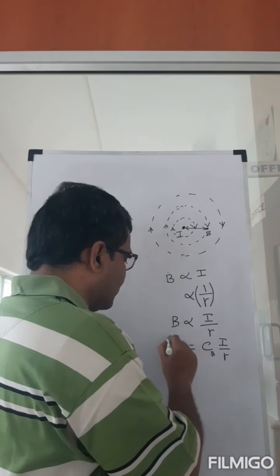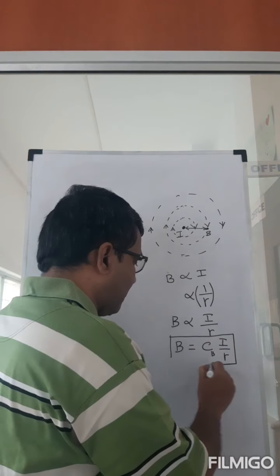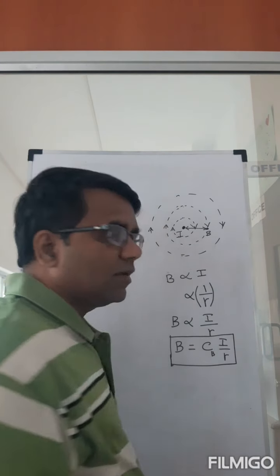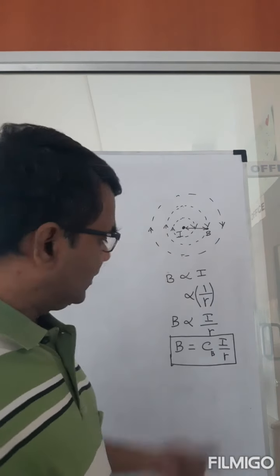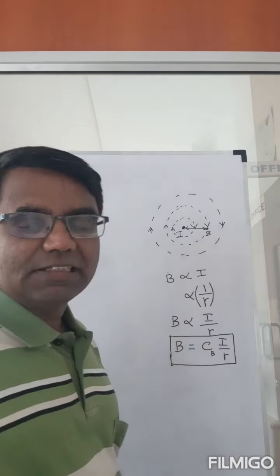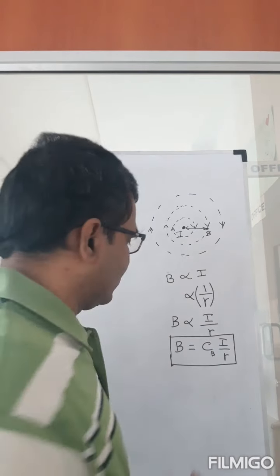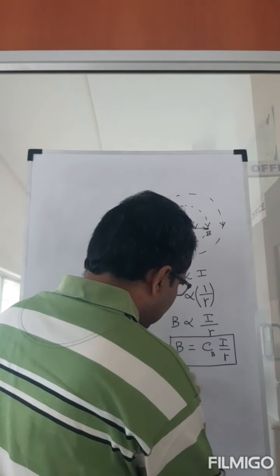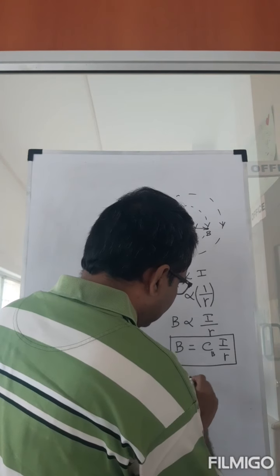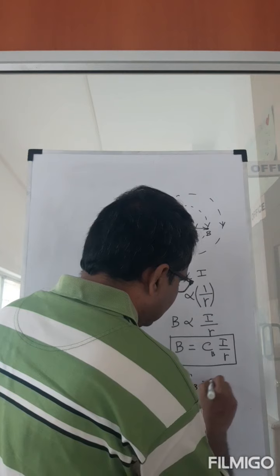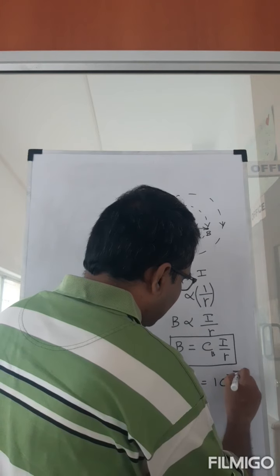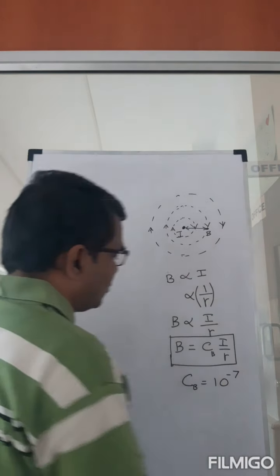So this is what you get. It was found out that this constant C_B is a very small quantity. C_B is considered to be 10 to the power minus 7. So it's very, very small.